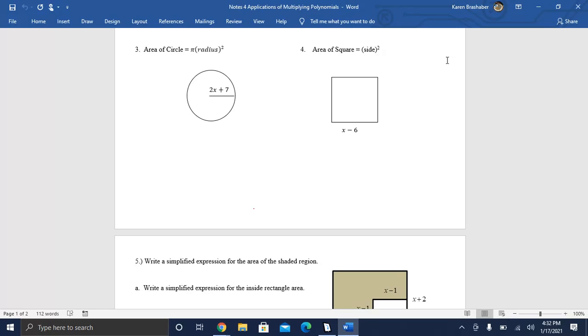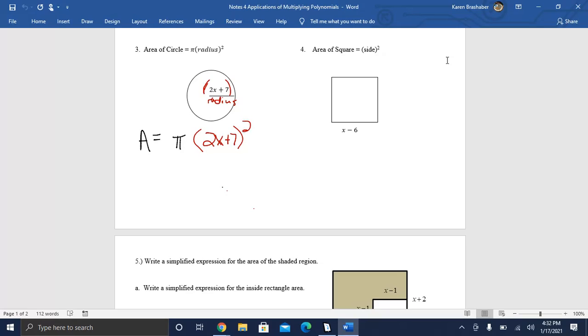Just leave it. The radius is represented in this problem by 2x plus 7. So our area of the circle is pi multiplied by the radius, 2x plus 7, and then it says that that is supposed to be squared.